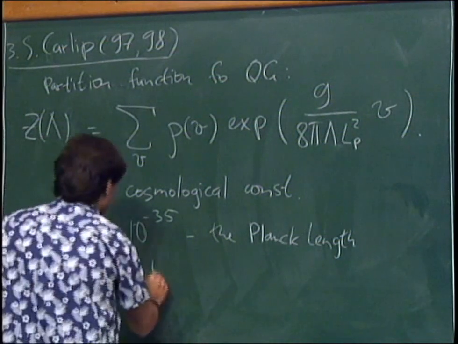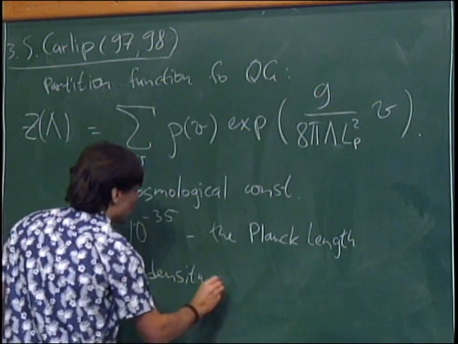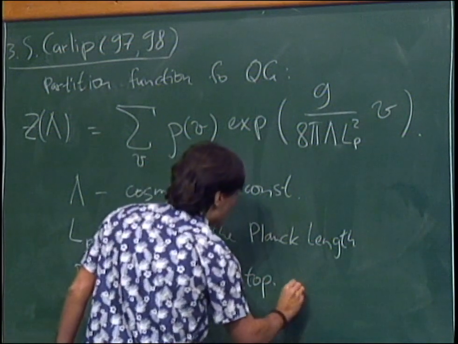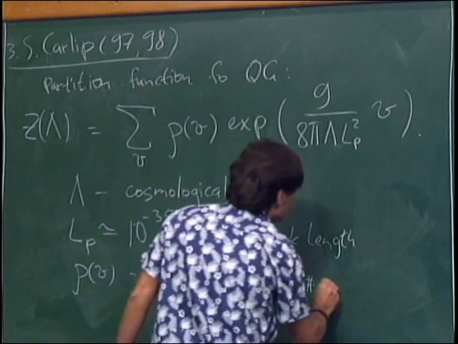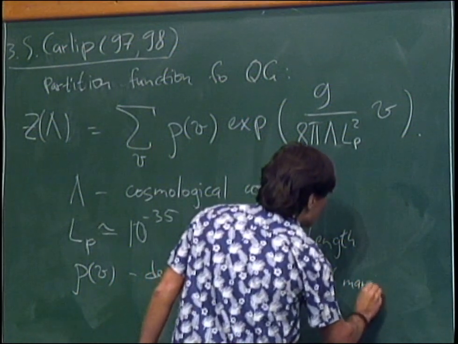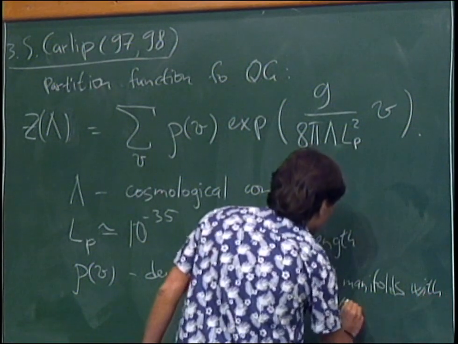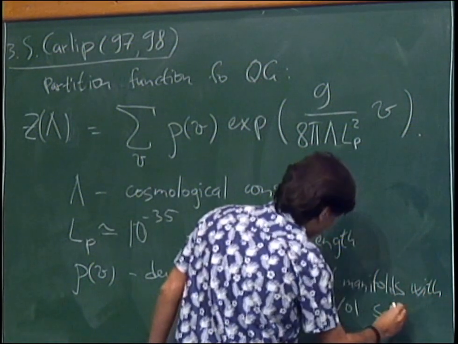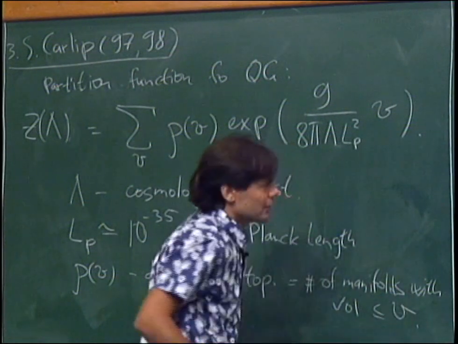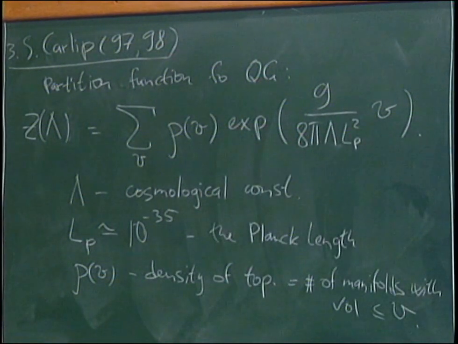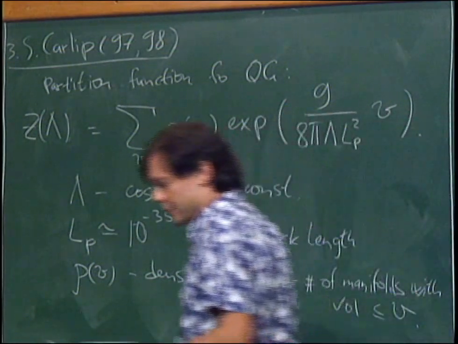So, density of topologies: the number of manifolds with volume bounded by V. Maybe I should remark that this counting function, here we count orbifolds, but we can also define functions, sometimes denoted with a circle, the same thing, but only counting manifolds. So to make it agree with this.